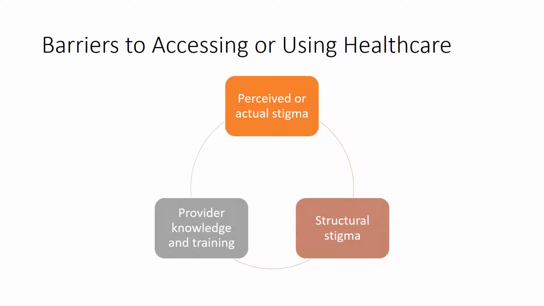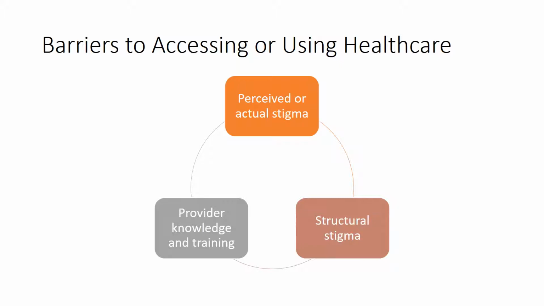Stigma also has had a serious effect on the access and utilization of healthcare services among LGBT people. The research evidence is pretty strong in showing that LGBT people use healthcare services much less often as compared to non-LGBT people.